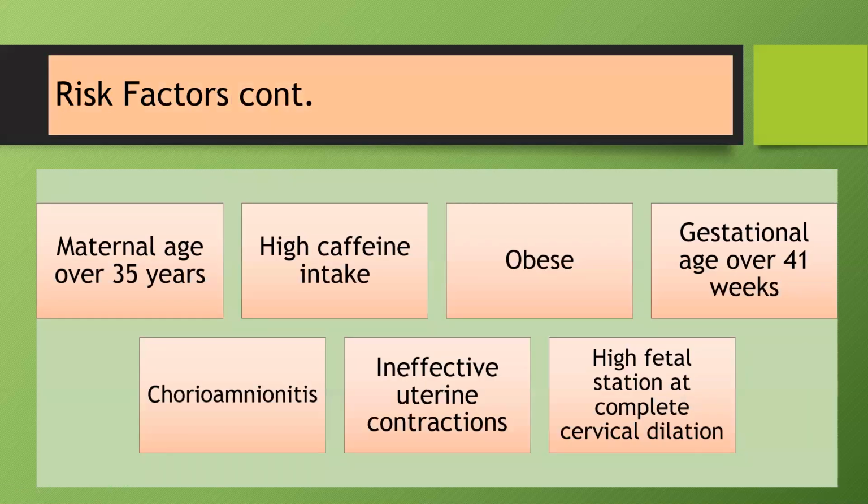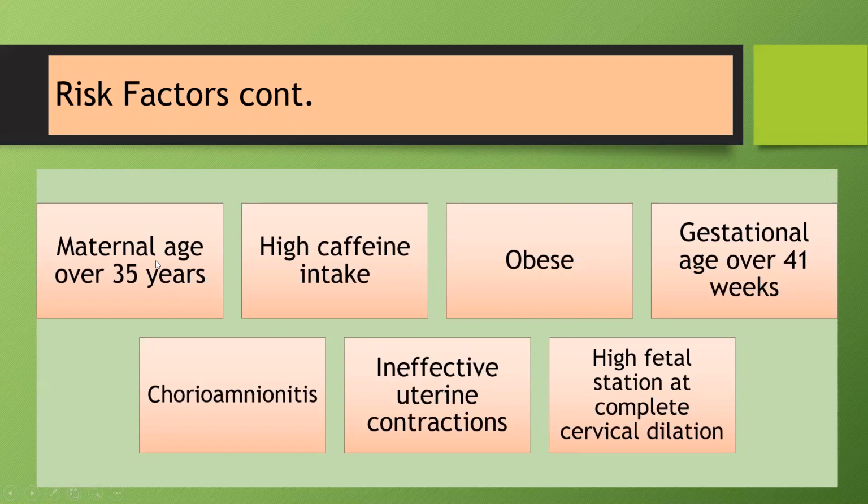Other risk factors that can increase our chance for both types of dystocia are maternal age over 35 years old, when bones start to calcify and everything becomes a little less able to respond to the hormone relaxin that helps the cartilage stretch. High caffeine intake actually increases your risk of labor dystocia.